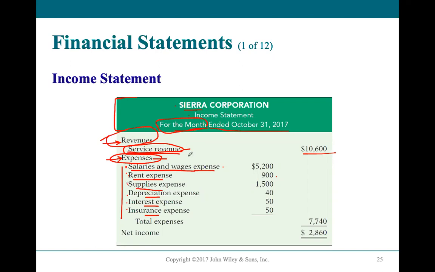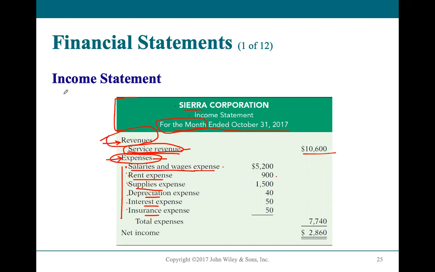You notice it's not miscellaneous revenue because it doesn't answer the question, where did you earn the money? And I hate miscellaneous expense because what was the expense about? If it was about postage, then it's postage expense. It's not miscellaneous. You know exactly what you used it for, so call it what it is. And that's how accounting looks at things.